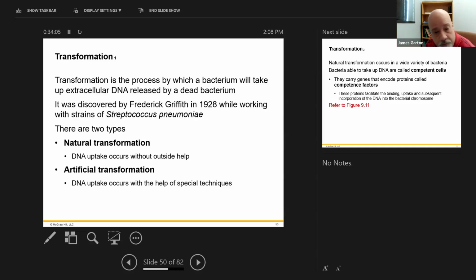That was an example of natural transformation. Those cells were just what they call competent. You didn't have to do anything fancy to allow them to uptake DNA. Some cells you have to use special techniques to make them uptake DNA.